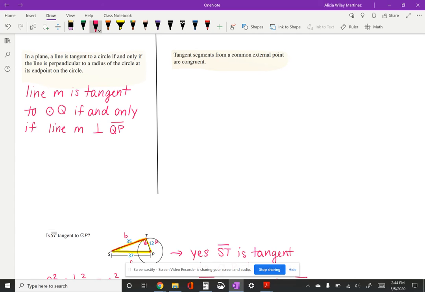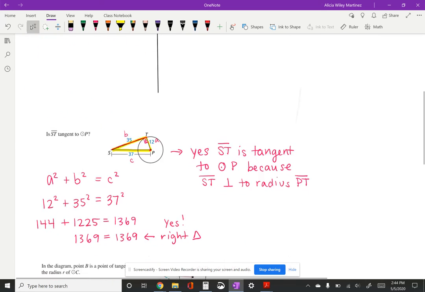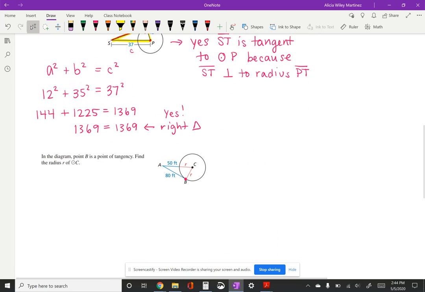So if it's tangent, then we know that we have perpendicular lines. So I know that AB is perpendicular to the radius, therefore making a right angle there. Okay? They want us to find the length of R.